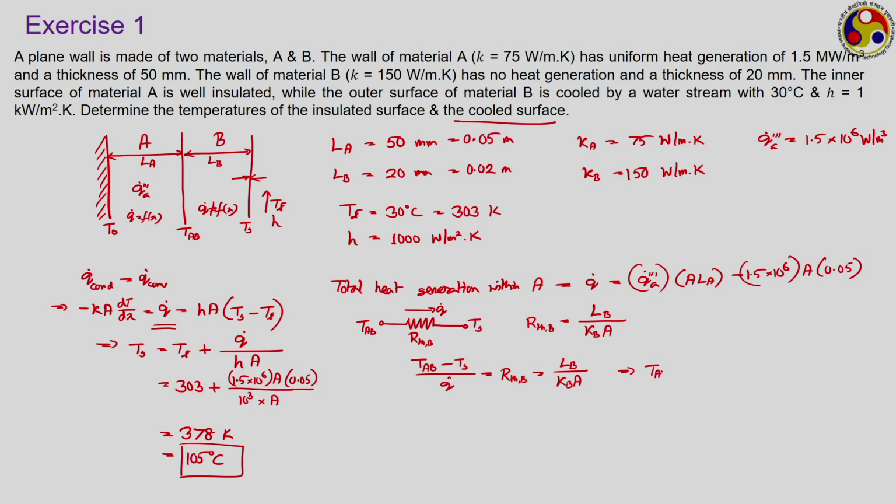So, TAB is equal to Ts plus Q dot into R thermal B.